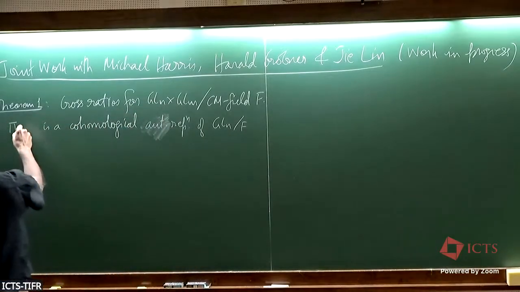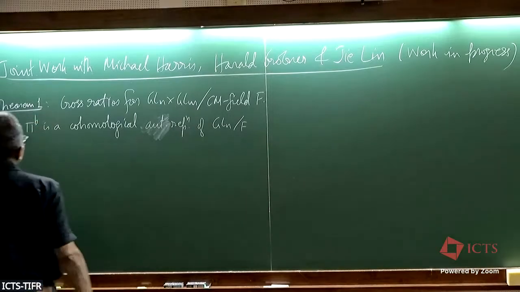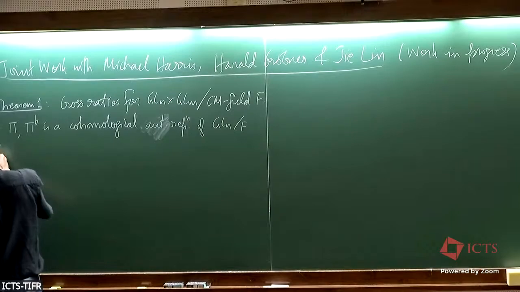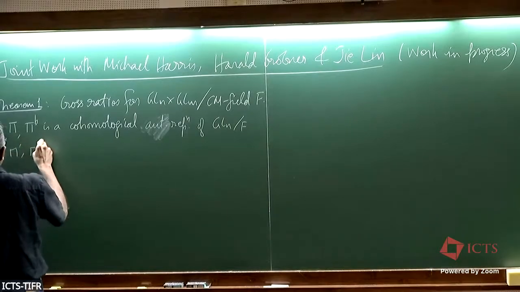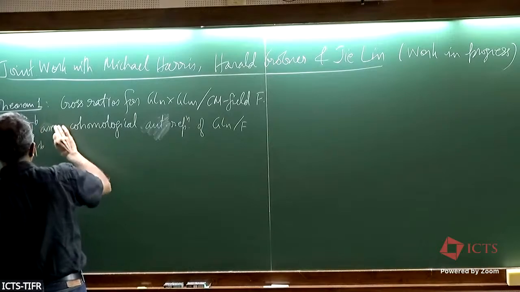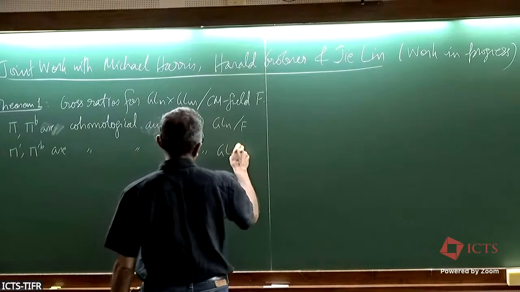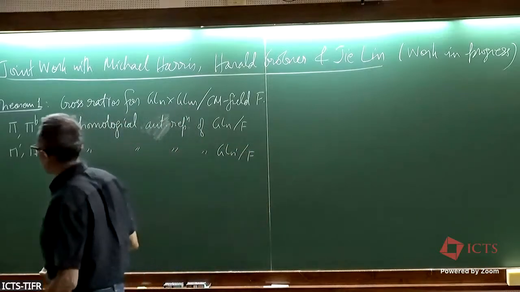So likewise here, the notations are, let's say, pi and pi flat. And similarly, pi prime and pi prime flat are cohomological automorphic representations of GL_N prime.